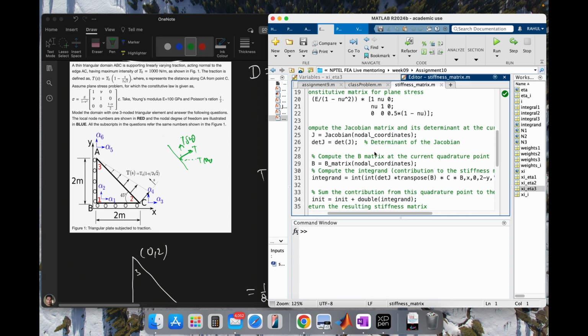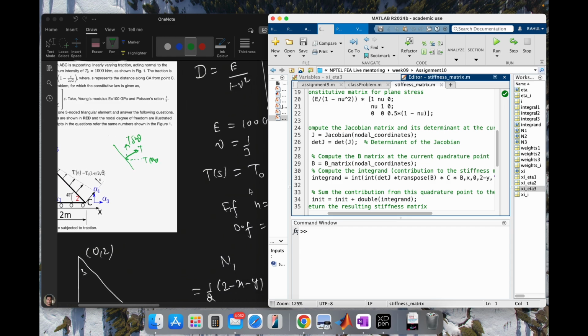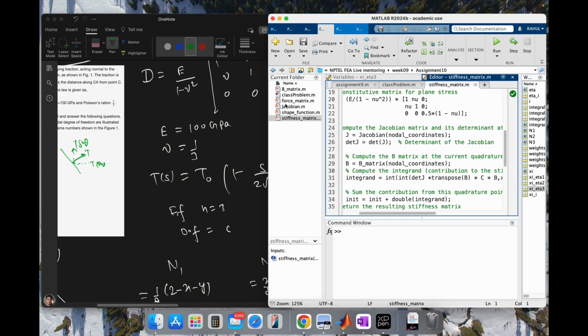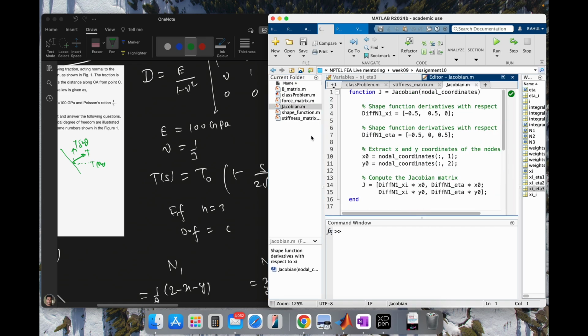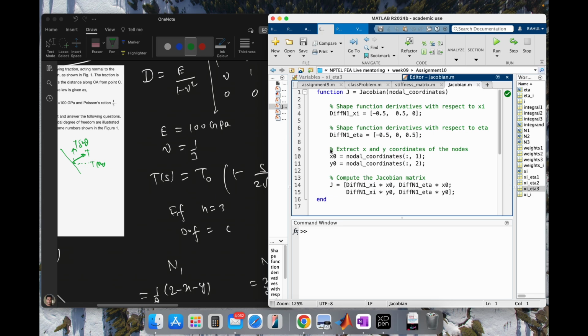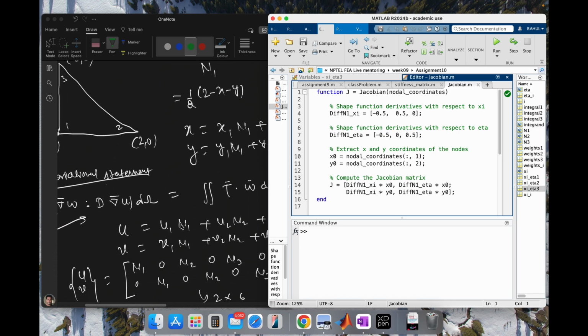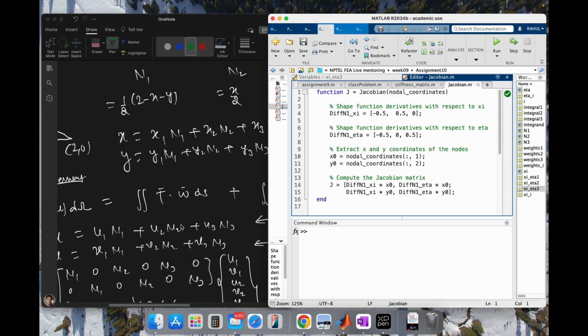Now first we have to find the Jacobian. So what will be the Jacobian in this case? Let's go to the Jacobian. We already saw that the Jacobian is del x by del zeta.